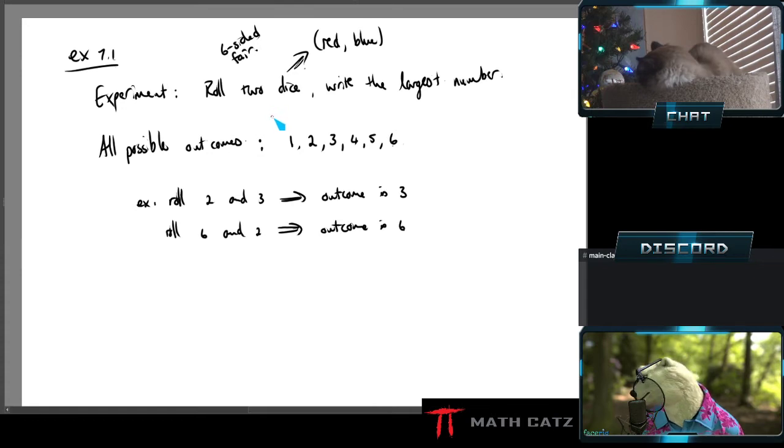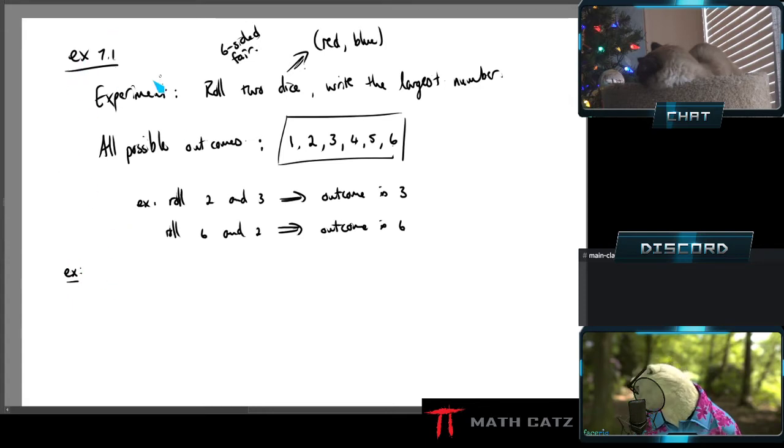So it's now very important to understand what we're doing and what we're interested in observing as results of the experiment, as outcomes to the experiment. So here are the possible outcomes.